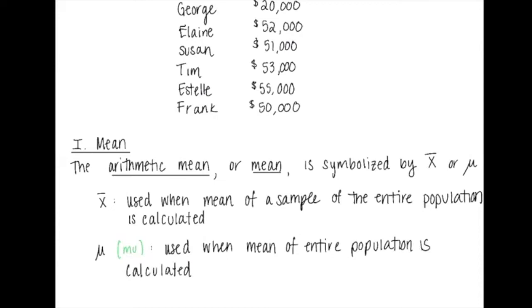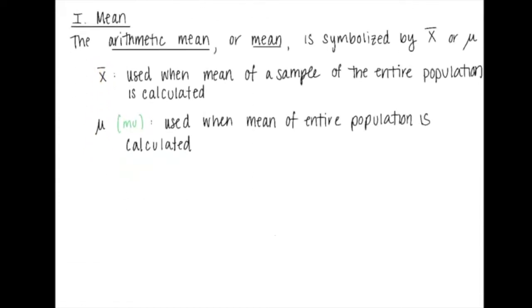Realistically, if you use either one, it's not a huge deal. This is going to be the more common one that people use, but there is that small, slight difference between the two.